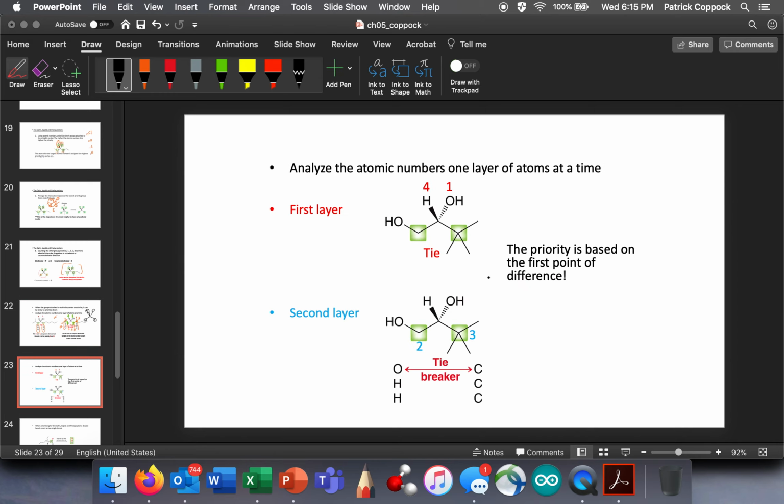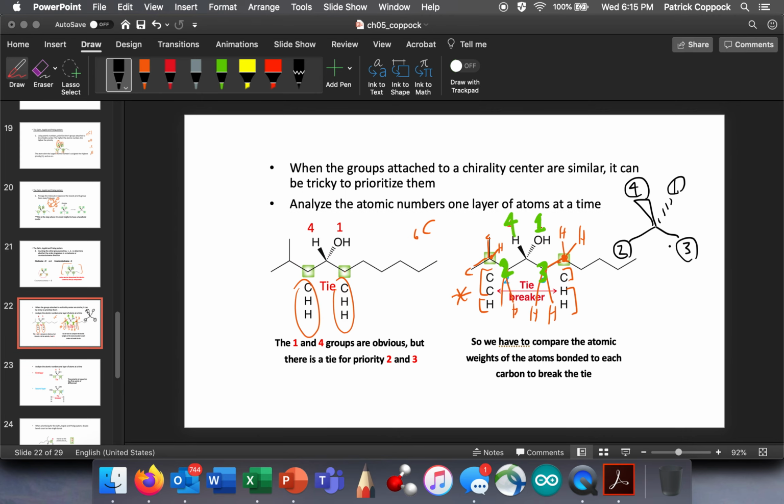All right? So, now that we've got that, you know what? Sorry, I want to go back and do this. Now that we've got that, can you see what I'm going to do here? I'm going to say, all right, since my 1 and my 4 are not in the back, I'm going to do a little twist here. Twist it in space.